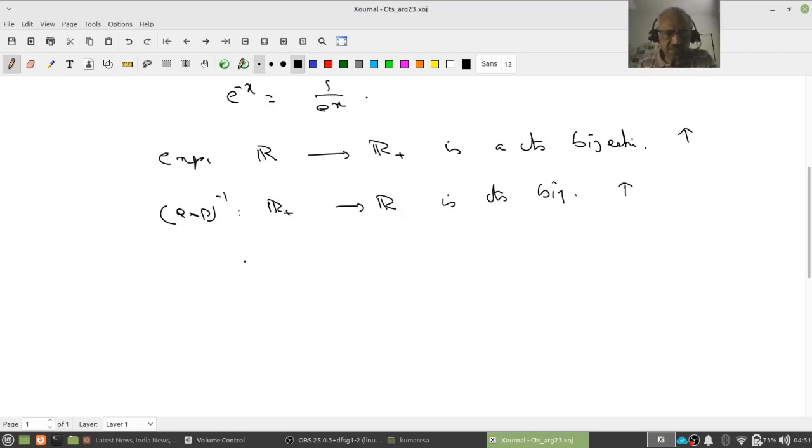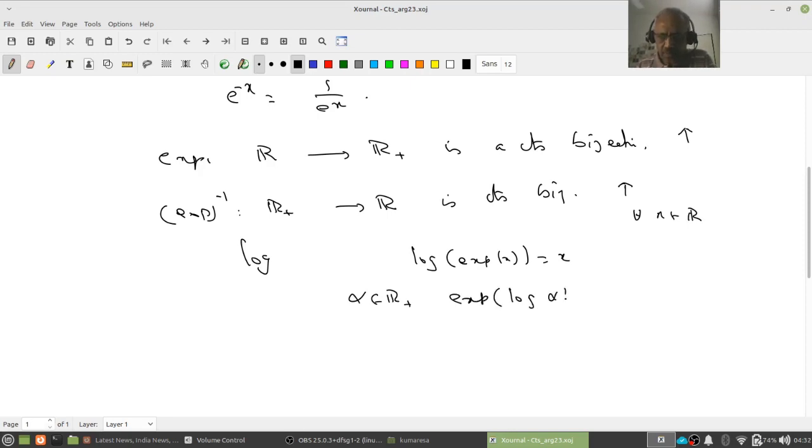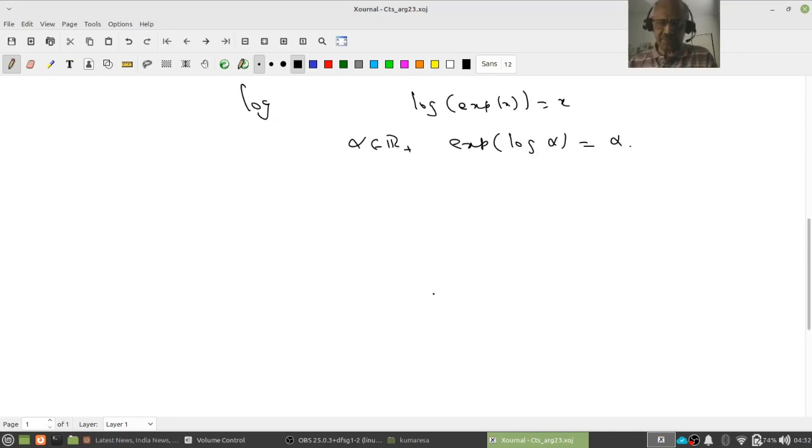This inverse is what we denote by log. What does it mean? Log of exponential of x equals x for all x in R, and for all alpha in R plus, exponential of log of alpha is alpha. That's what we mean by inverses of each other.